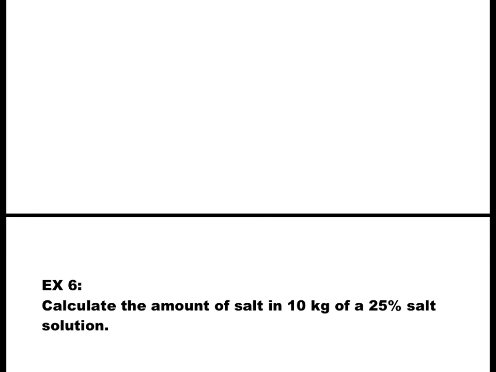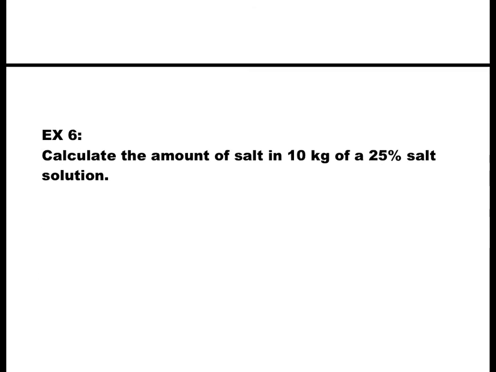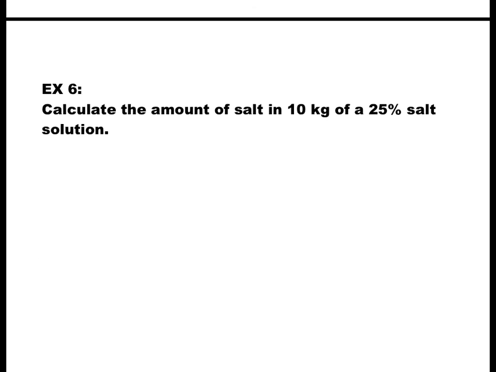Now to do an example, let's evaluate 25% of 10 kilogram. We have salt solution which has 25%, and the total is 10 kilogram. We want to know how much salt we have. So we say 10 times 25%, which is 25 over 100.